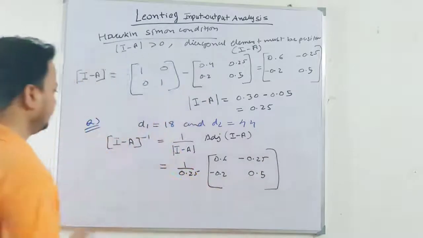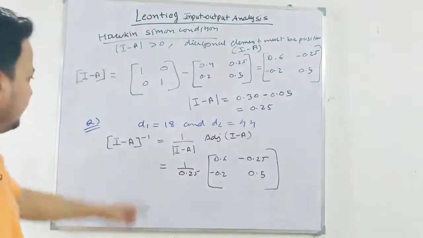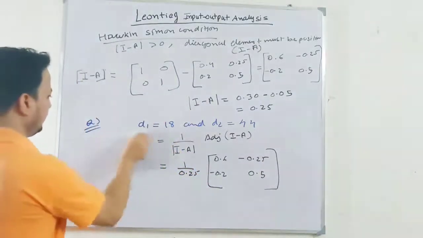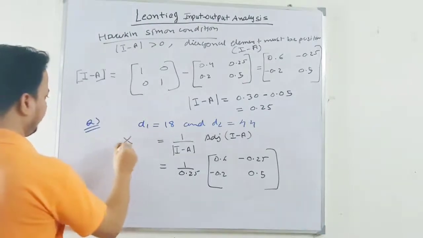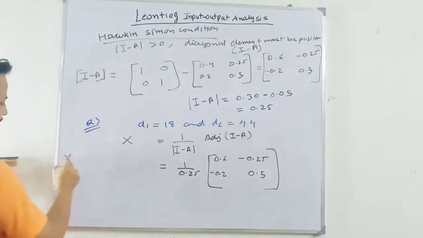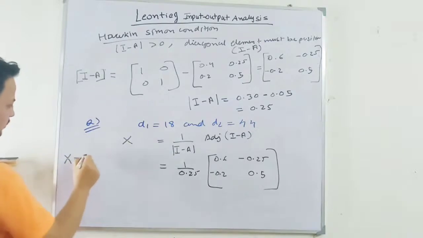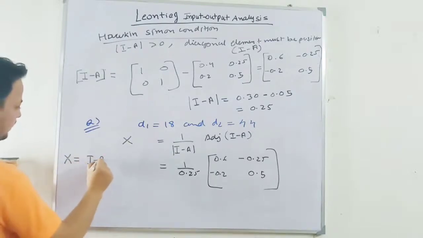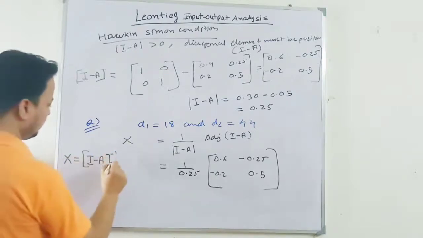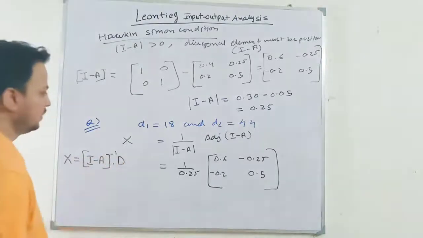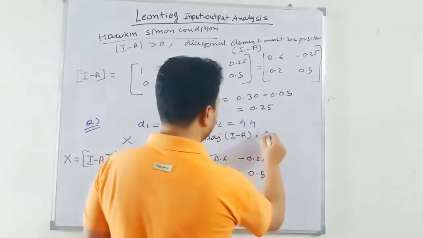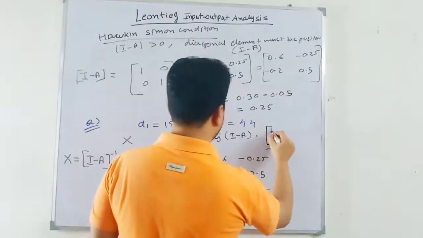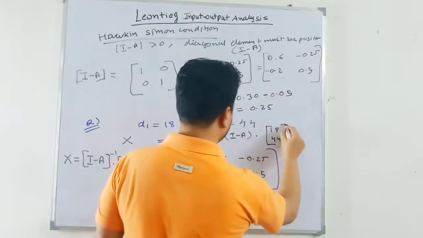This is my I minus A inverse, and I know my total production X equals I minus A inverse into D, right? So I multiply this by D. What is D? 18 and 44.